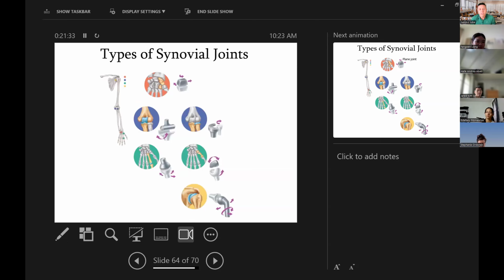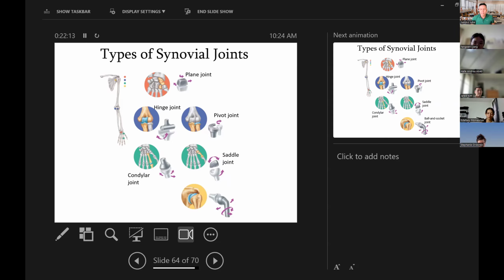Now, among the synovial joints, there are several different types. Not all synovial joints are the same. We have what we call the plane joints, like the joints that we see in our wrist, in between the wrist bones. We have the hinge joint and the pivot joint, which we find in our elbow and which allow us to move our forearm in different ways. We have the condylar joint, which is the joint between our metacarpals and the phalanges.